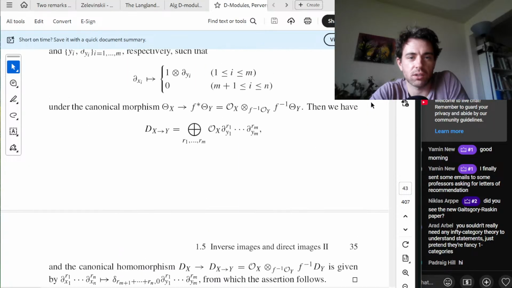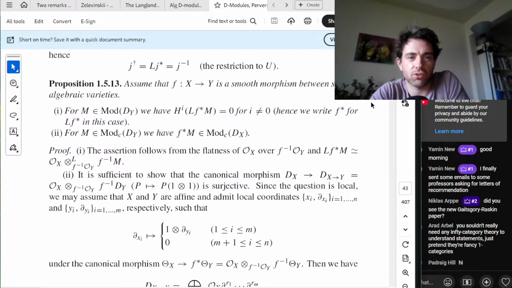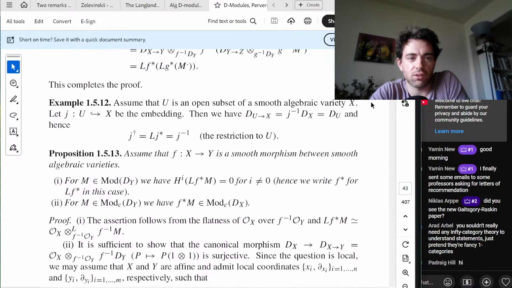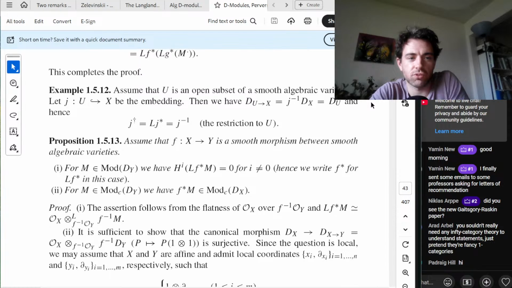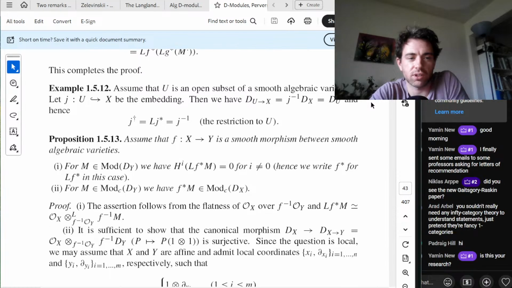So, yeah, I guess this is a place to start then. Smooth morphism between smooth algebraic varieties. That is not the case that I'm in.